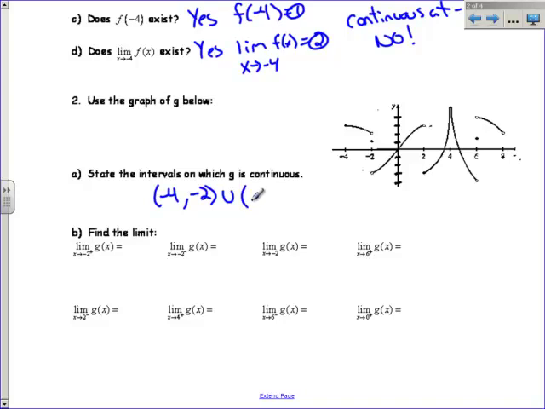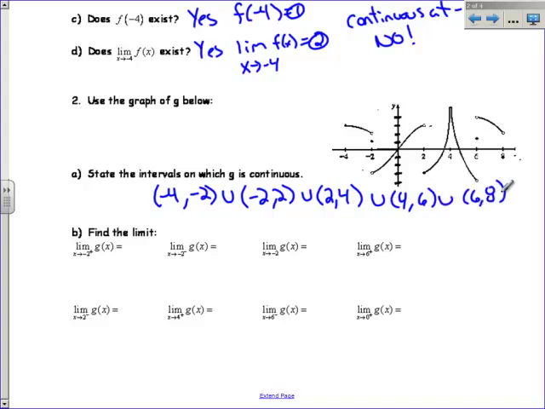Then union with -2 to 2 because everything's good from there to there. Union with 2 to 4, and that looks like we've got an infinite discontinuity right there. It's a vertical asymptote. Then union with 4 to 6, and then union with 6 to 8.